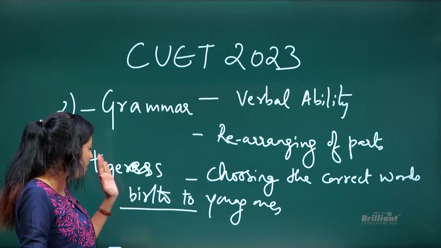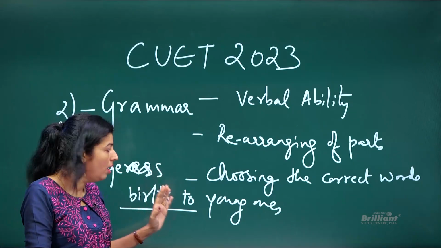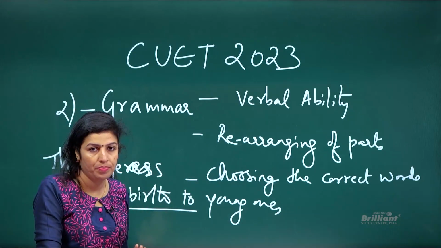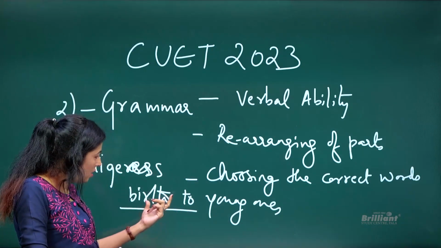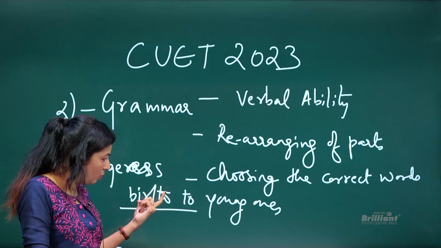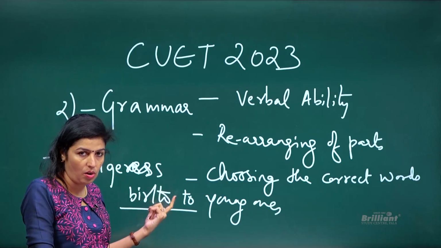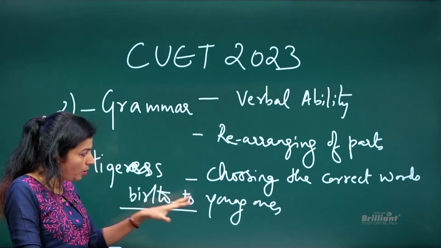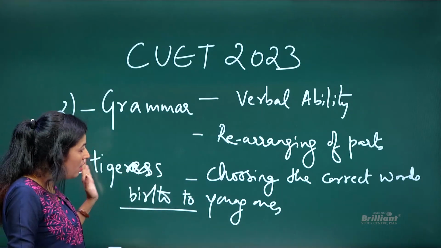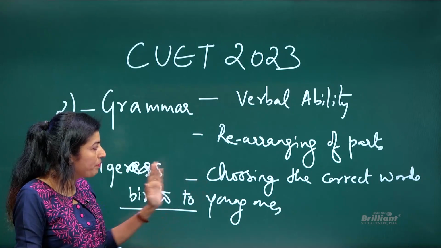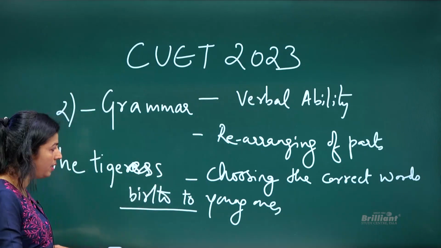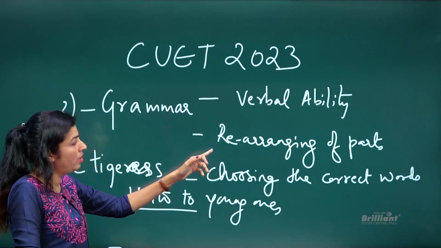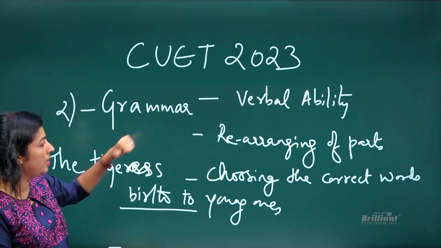So "has given", the tigress has given. So according to that structure, the tigress has given birth to young ones. Okay, so that means this part which has been underlined is wrong. You need to substitute it with the given options, so that the whole structure of the sentence will be rearranged, and automatically you will get the correct answer. So that is the second type of question based on grammar.